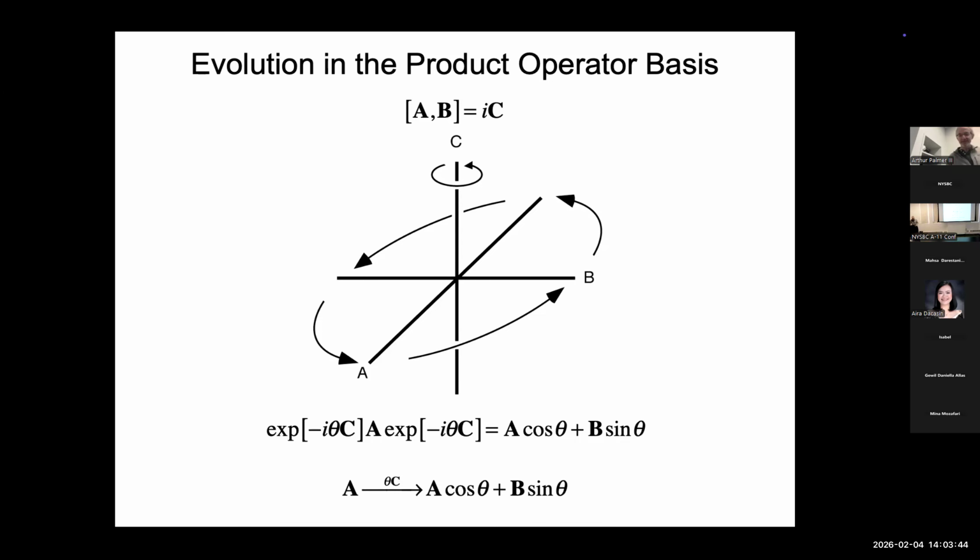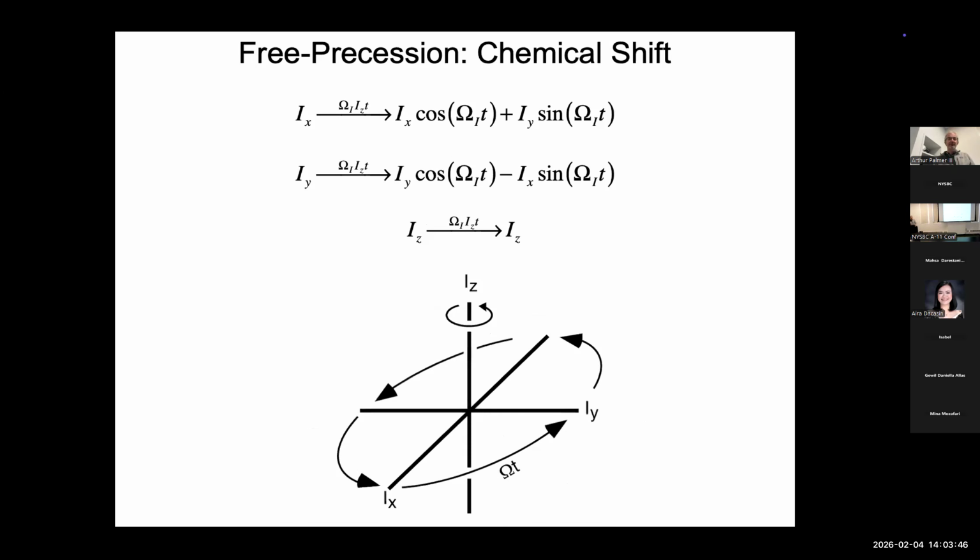I'm not going to prove that. So then we write down a bunch of rules. And the rest of analyzing an NMR pulse sequence, say, is applying these rules over and over again.